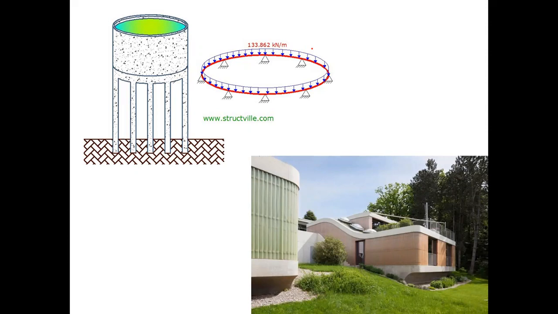If you see the beam below the storage of the overhead tank, this beam is a curved beam, supported with a number of pillars. See, this red mark is a curved beam, which has a uniformly distributed load on top of the beam, and below the beam there are many column supports. So this is an example of a curved beam.